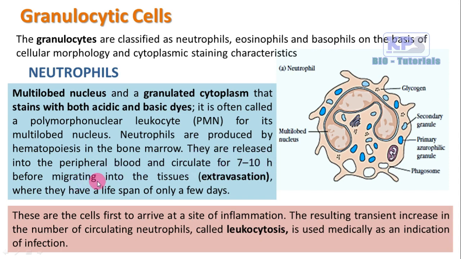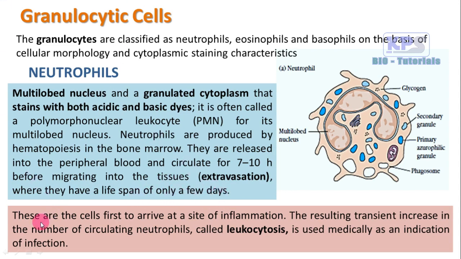Then they may migrate into the tissues. The migration of neutrophils into the tissues is said to be extravasation, where they have a lifespan of only a few days. Within the tissues, they may live only for a few days.